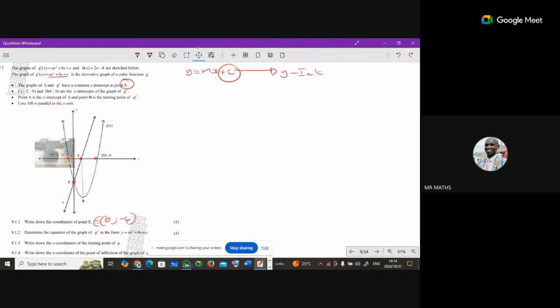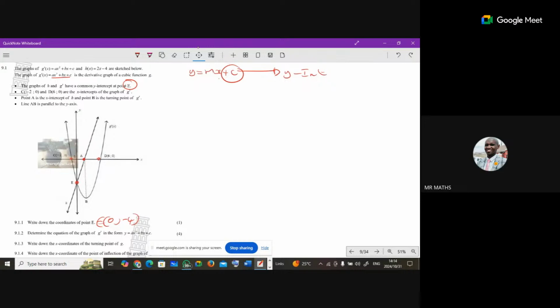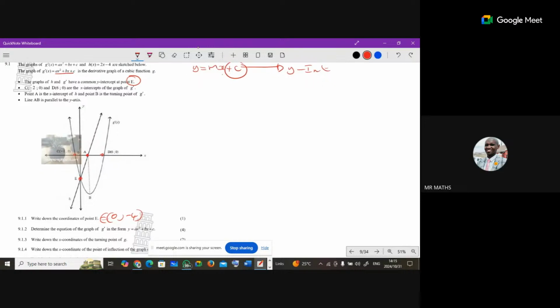Okay. That means also with a quadratic, y is equal to ax squared plus bx plus c, on that quadratic you all know that c also is the y-intercept.